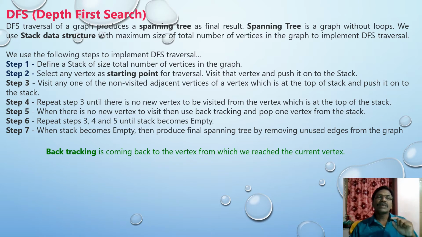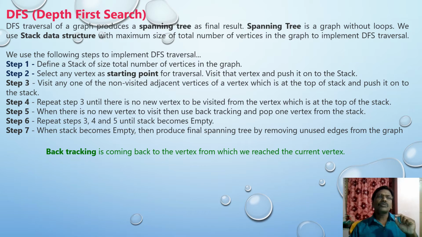We use a stack data structure with the maximum size of the total number of vertices in the graph to implement DFS traversal. It means the number of vertices is equal to the size of the stack.